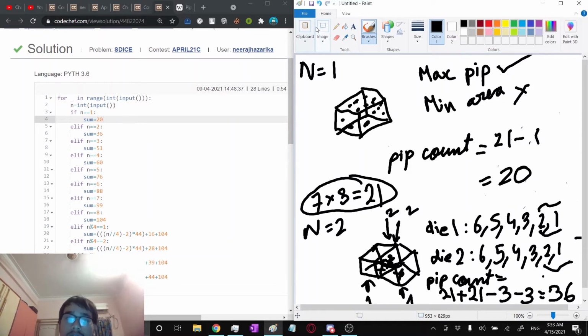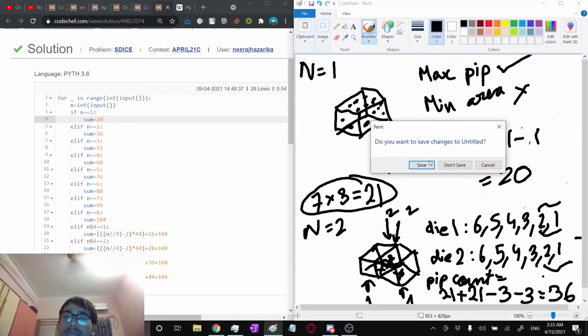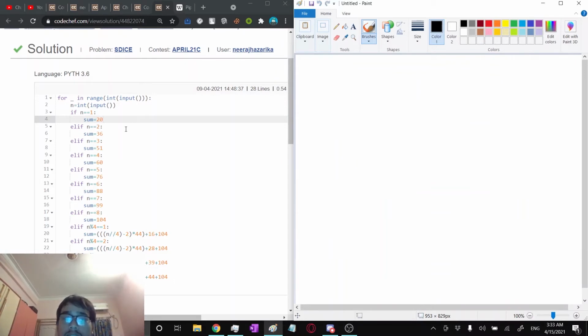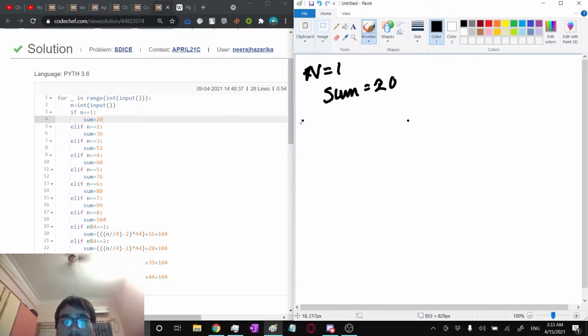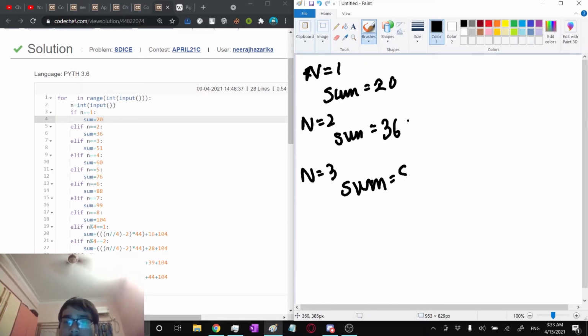Similarly, if you try all other test cases for n equal to 3, 4, 5, 6 till 8, you will see distinct numbers and you won't see a pattern until then. N equal to 1, sum equal to 20, n equal to 2, sum equal to 36, n equal to 3, sum equal to 51. You can see the rest from the solution over here.